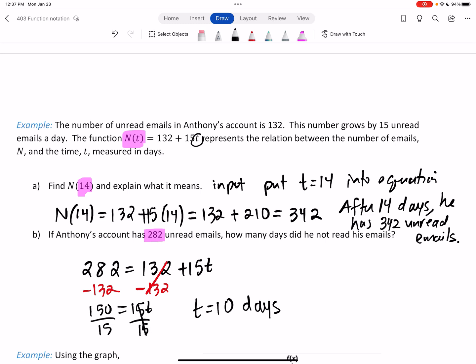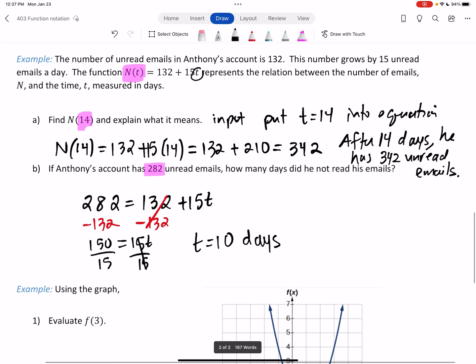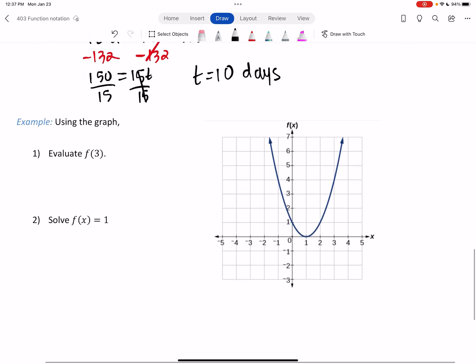Okay, so we did equation, we did table, we did sort of a word problem with an equation in it. Now let's do a graph. So remember, the horizontal axis is your x values. The vertical axis is your y values, or your outputs. And so the first problem says evaluate f of 3. So since 3 is inside the parentheses, it's an input, it's an x value.